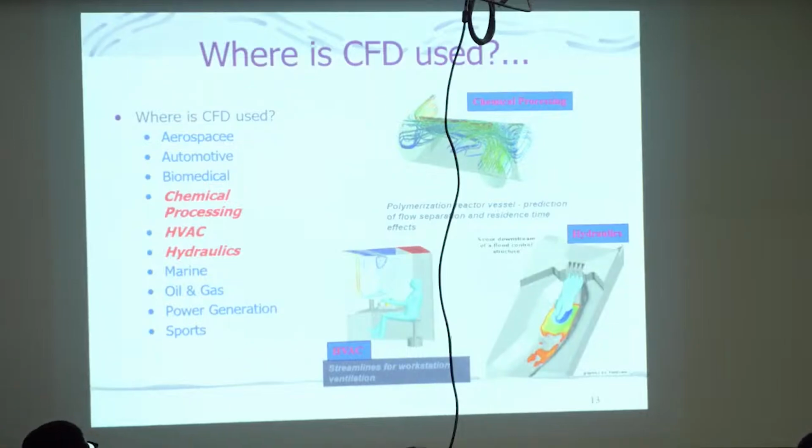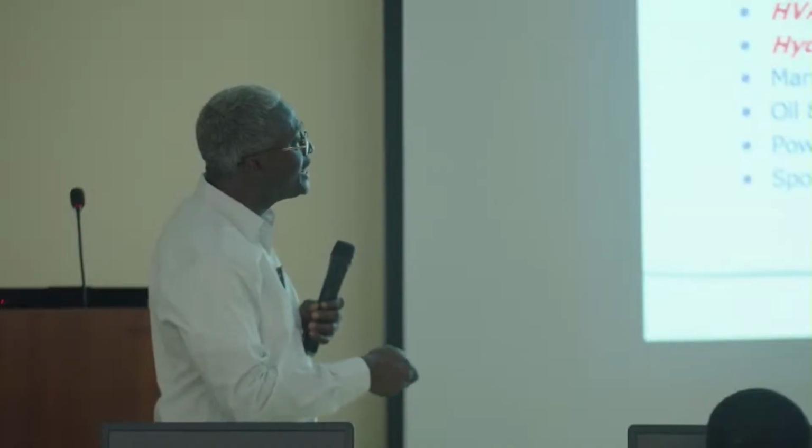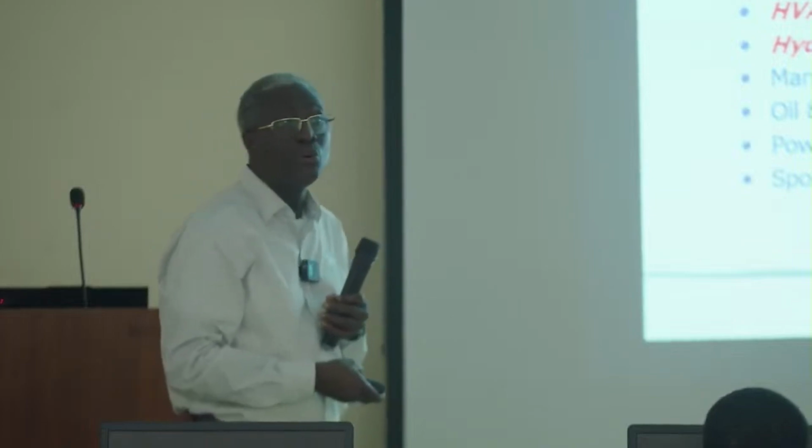It would impact the environment, or it would impact the inhabitants downstream. How do we make sure that we carefully open these floodgates such that you don't cause havoc downstream? Again, we can use CFD to analyze open channel flows.